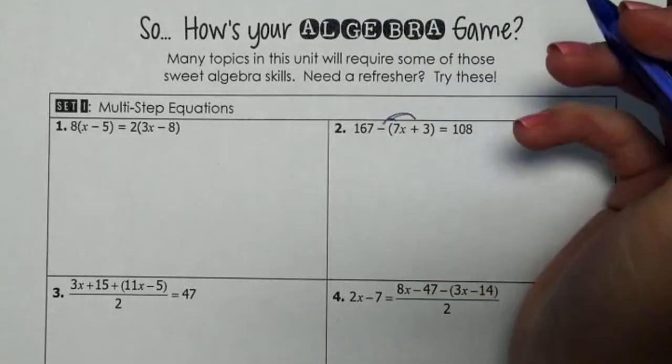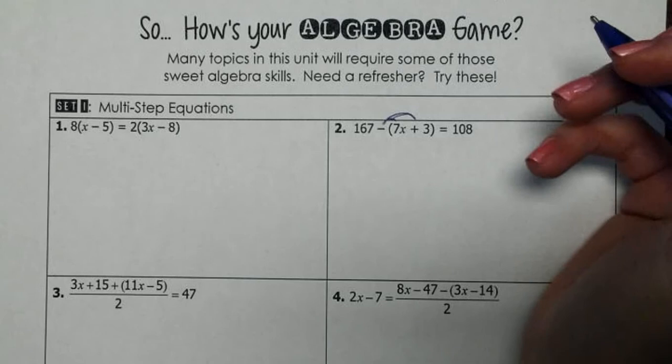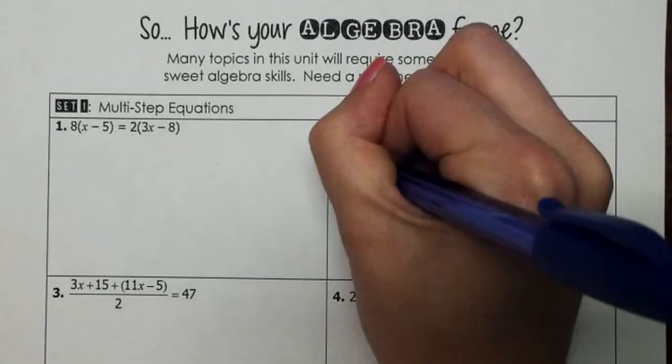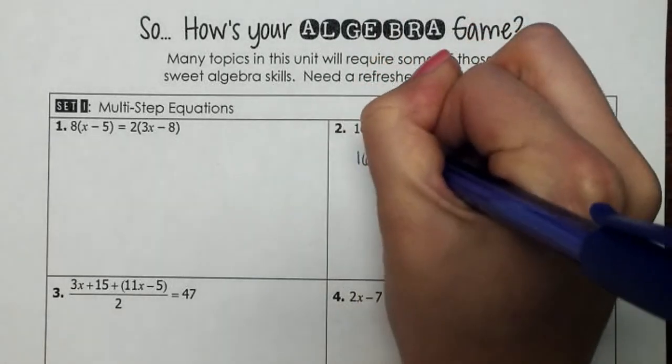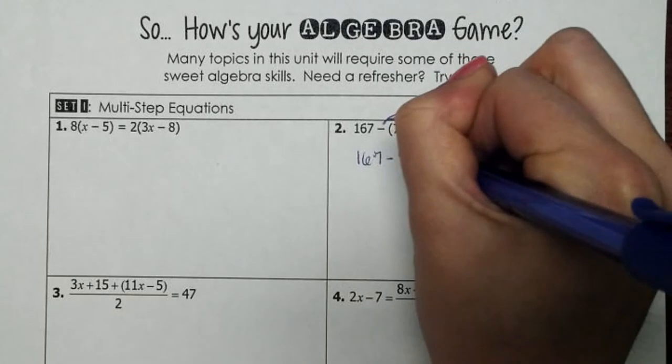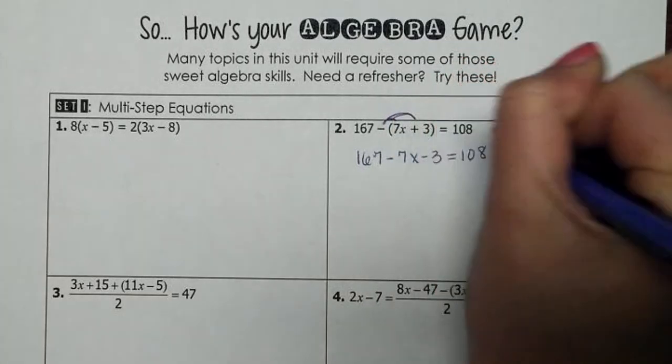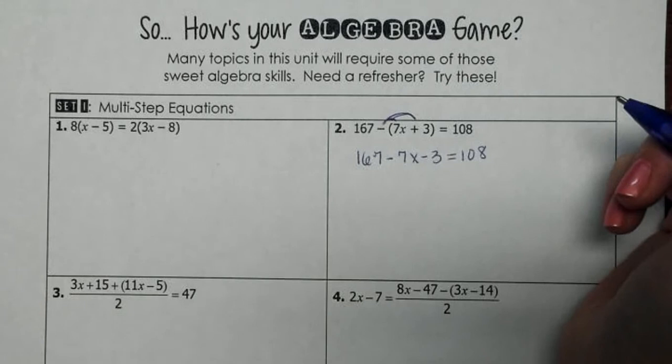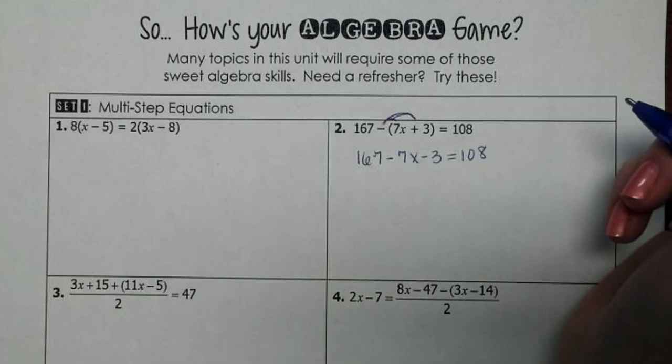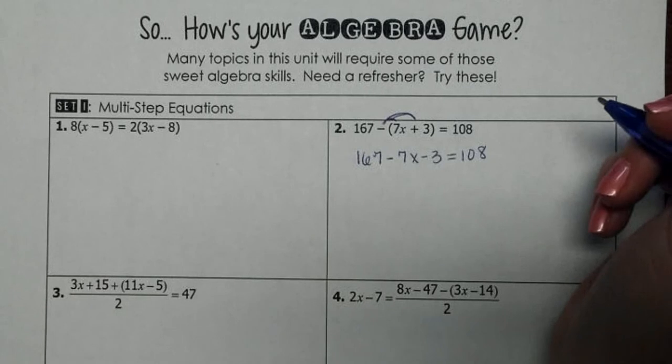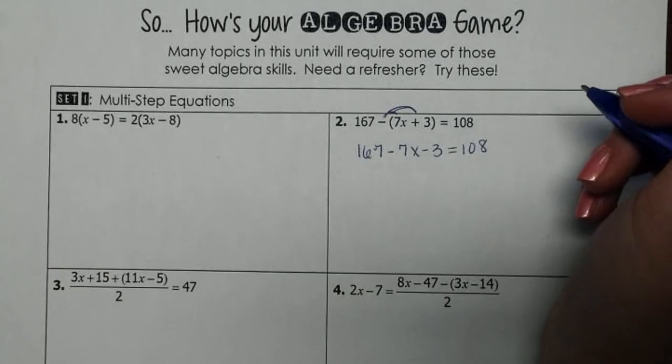It's just going to change all of the signs within that parentheses. So you're going to have 167 minus 7x minus 3 equals 108. So now you can combine your like terms and you can solve. So I'll let you do that. Just make sure that you distribute any negative that might be in front of a parenthesis.